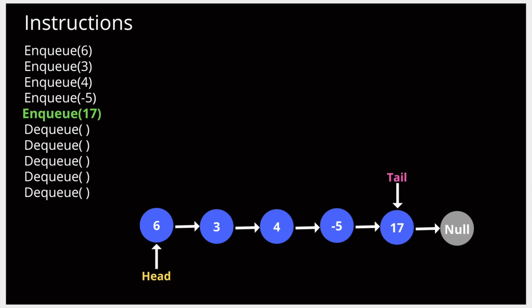To dequeue 6, we will have to shift the head pointer from 6 to 3, like this. Now we've dequeued 6, and we have to set the node 6 to null so that it can be picked up by the garbage collector if you are using a language like Java.